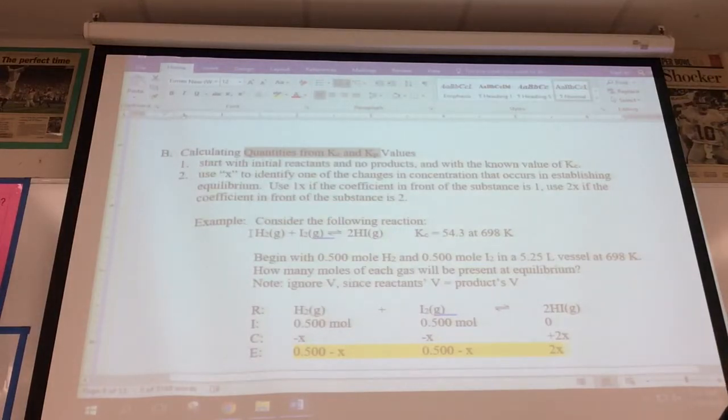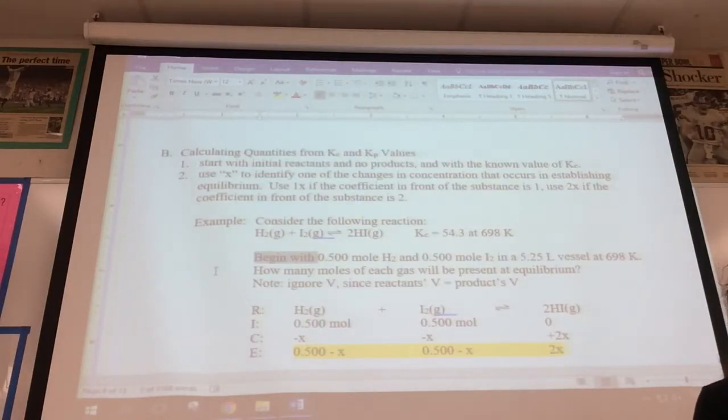For example, generation of hydrogen iodide gas from hydrogen and iodine, Kc value of 54.3 at 698 Kelvin. It says begin with. Are these initial amounts or equilibrium? Initial. So it'll say begin with, start with, you initially place.